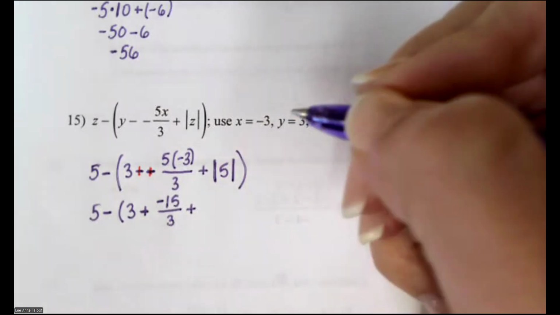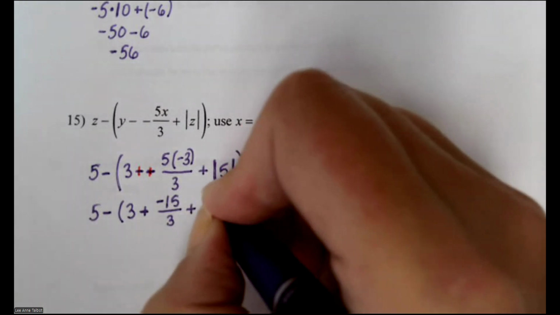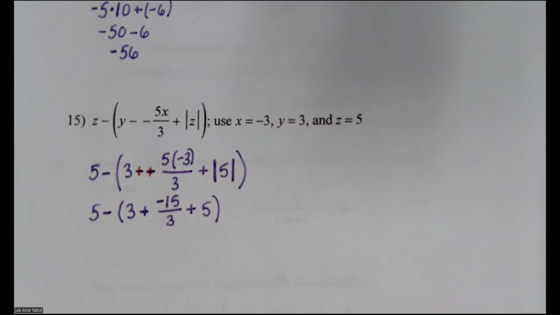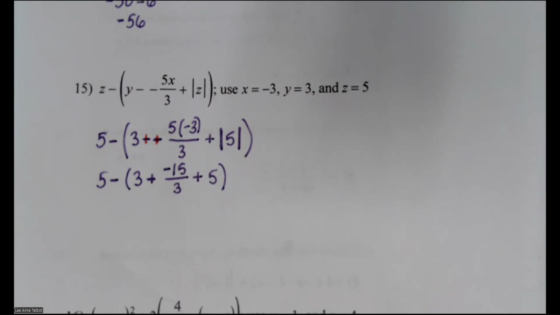And then plus, and then absolute value of 5, keep it positive, is 5. I did 3 things in one step. Does anybody need me to go over my 3 things?